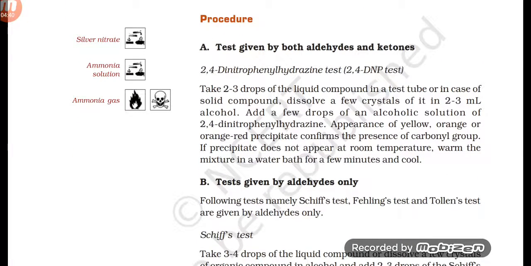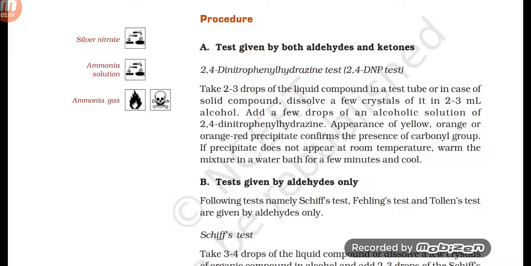The first thing being, the test given by both aldehydes and ketones. First of all, whatever the thing you are being given, you have to identify whether it belongs to the category of aldehydes and ketones. So the 2,4-dinitrophenylhydrazine test, 2,4-DNP test. Take 2-3 drops of the liquid compound in a test tube, or in the case of a solid compound, dissolve a few crystals of it in 2-3 ml alcohol.